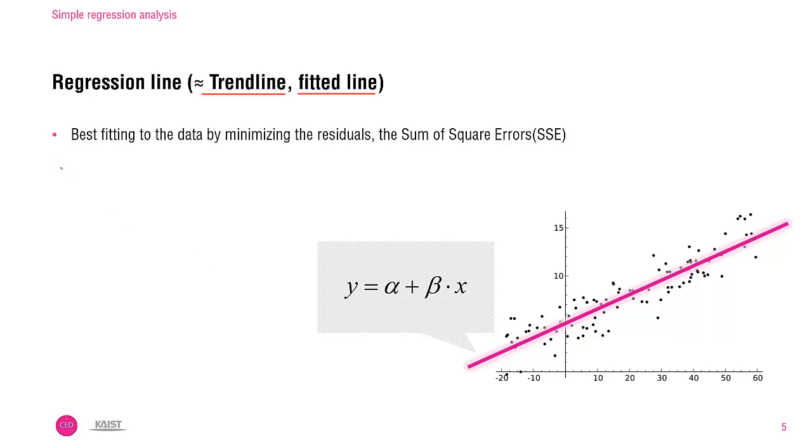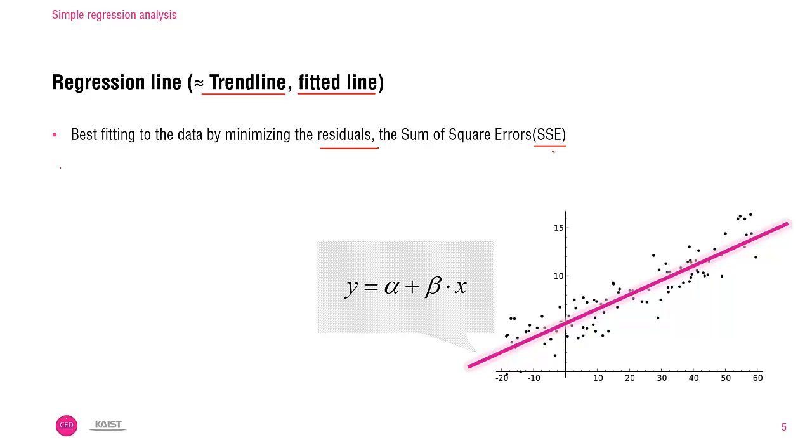Residuals are in Korean language, 잔차. And the residuals are calculated by the sum of square errors. Therefore, the regression line should be the one that best fits to the density trend of the data.